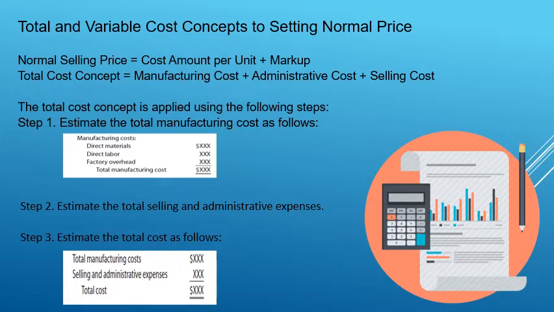For the total cost concept, we have the manufacturing cost plus the administrative cost plus the selling cost. We apply these steps. The first step is to estimate the total manufacturing costs, which are the direct materials plus the direct labor and the factory overhead.